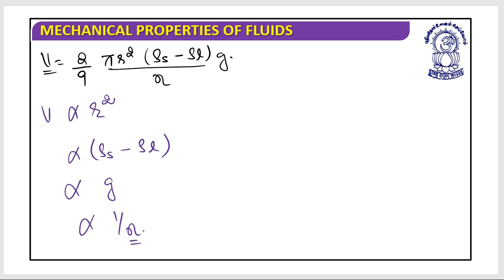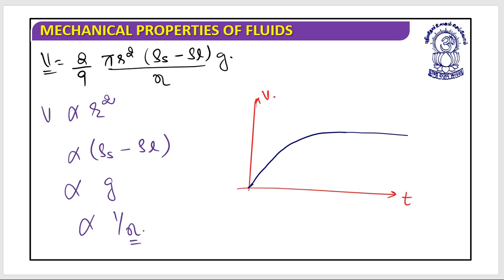But before we switch to the questions, if someone asks me to plot a graph of velocity versus time for an object that is going to attain a terminal velocity, how would it be? Initially it starts from zero and keeps on increasing, and at a certain stage it will be at constant velocity, and this constant velocity is very close to the terminal velocity.